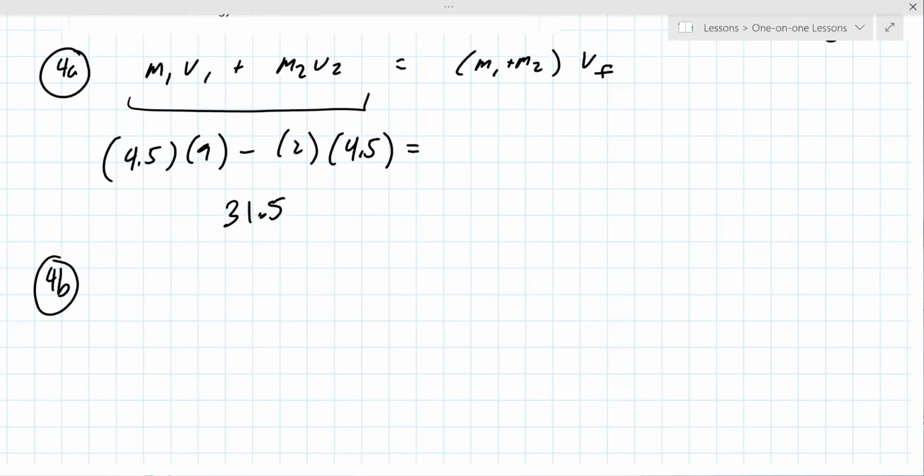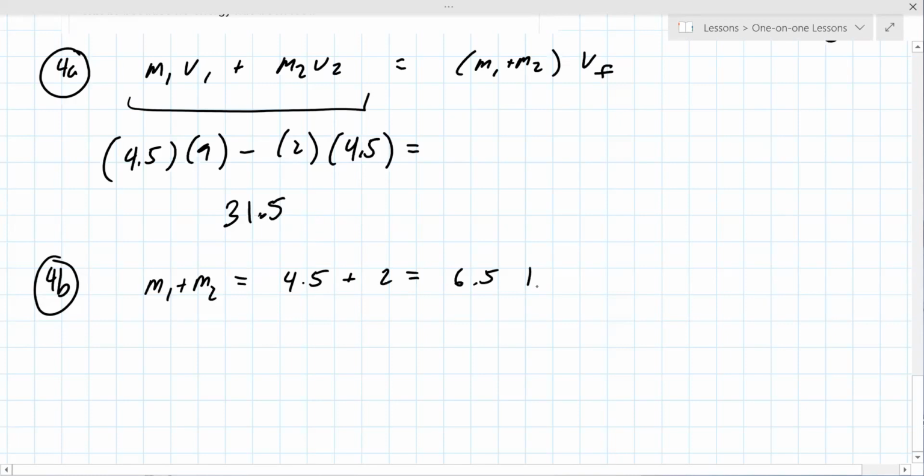What is the mass in kilograms of the system? So the mass of the system is m1 plus m2, which is 4.5 plus 2. It's 6.5 kilograms. For C, what is the final velocity of the system? So that's where we use this equation up here: m1 v1 plus m2 v2 equals m1 plus m2 times V final.